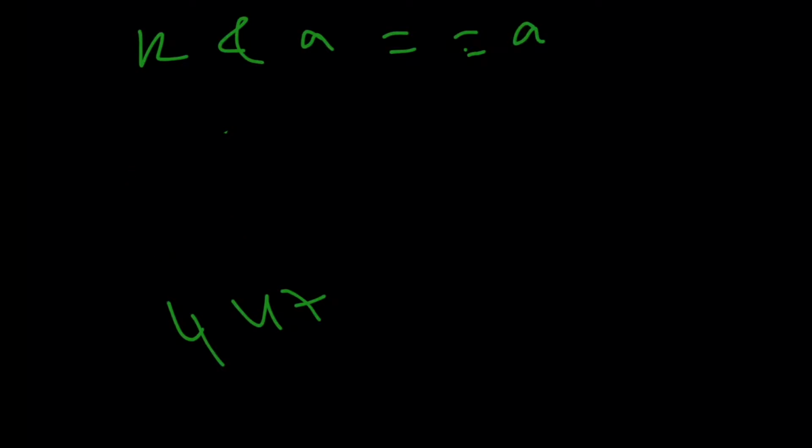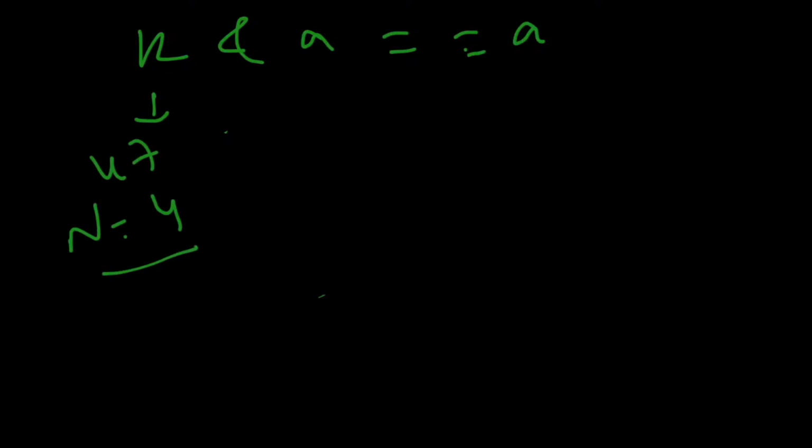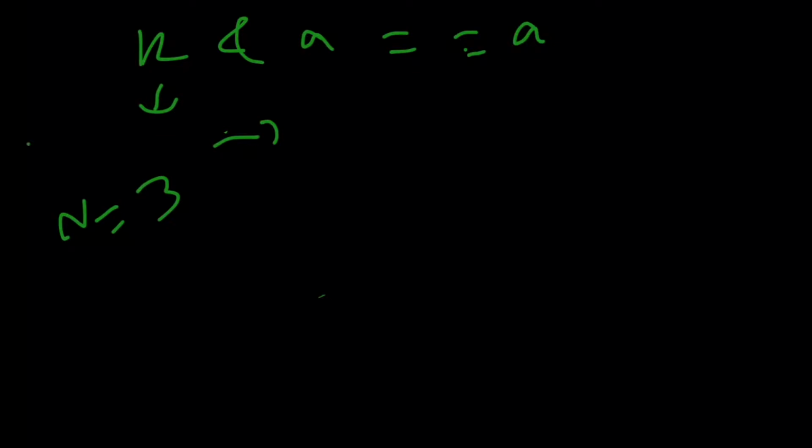Okay, so let's do it for 47. Here k is 47 and n is 4. Actually, let's do a different example just to make it simplest, because 47 and 4 we already did. Let's take n equal to 3, and let's take k equal to, let's say, 42.